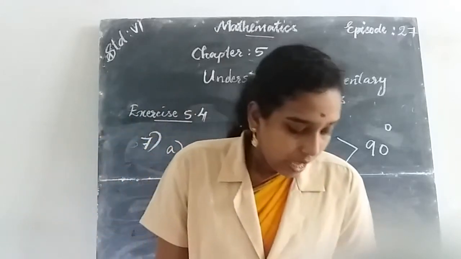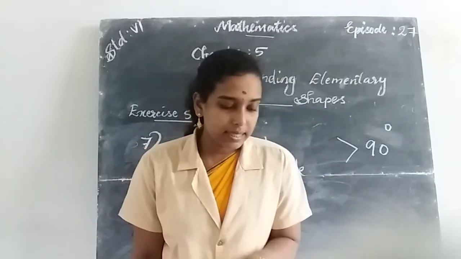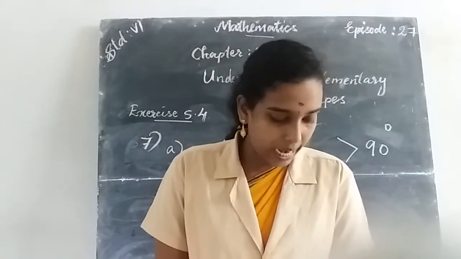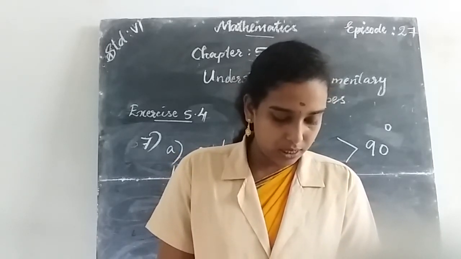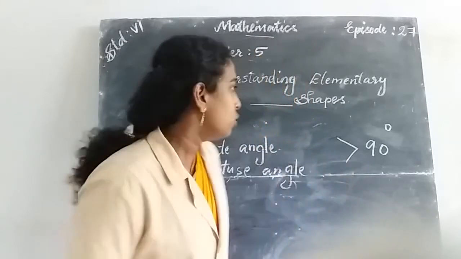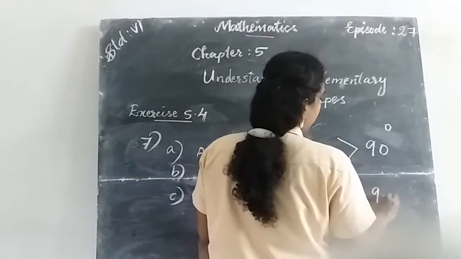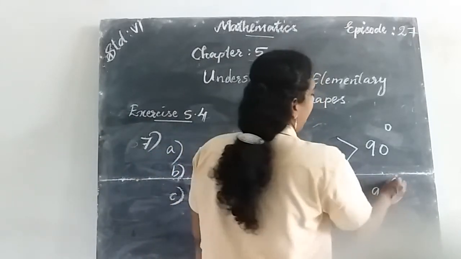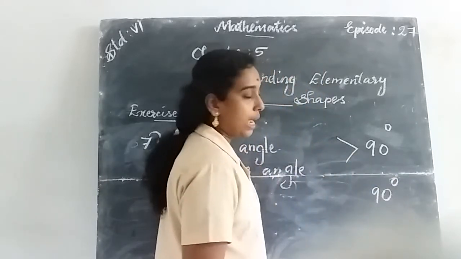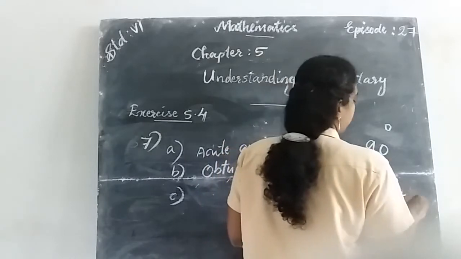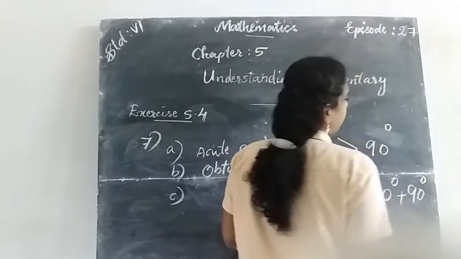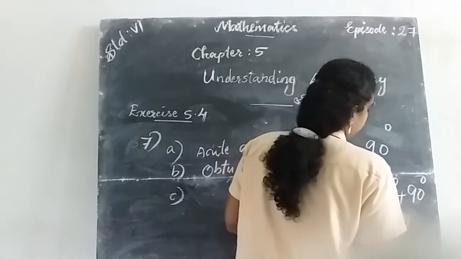Then C, an angle whose measure is the sum of measures of two right angles is dash. Two right angles means the first right angle is equal to 90 degree, and the sum of two right angles means 90 degree plus 90 degree, then we get 180 degree.